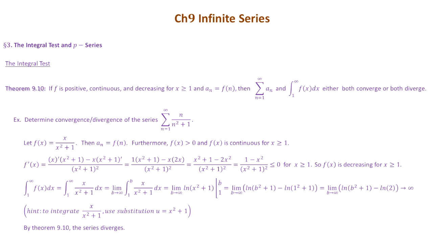That's called divergent. We don't get a fixed finite number for the sum of those infinitely many numbers. That's called divergent.